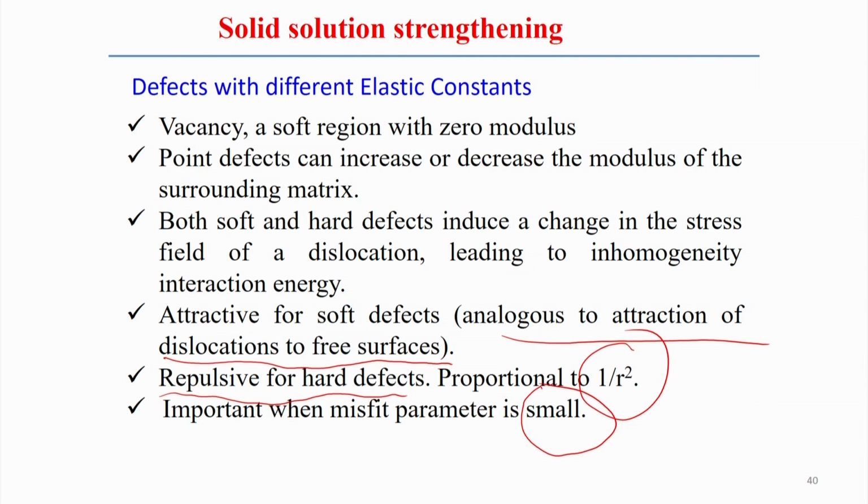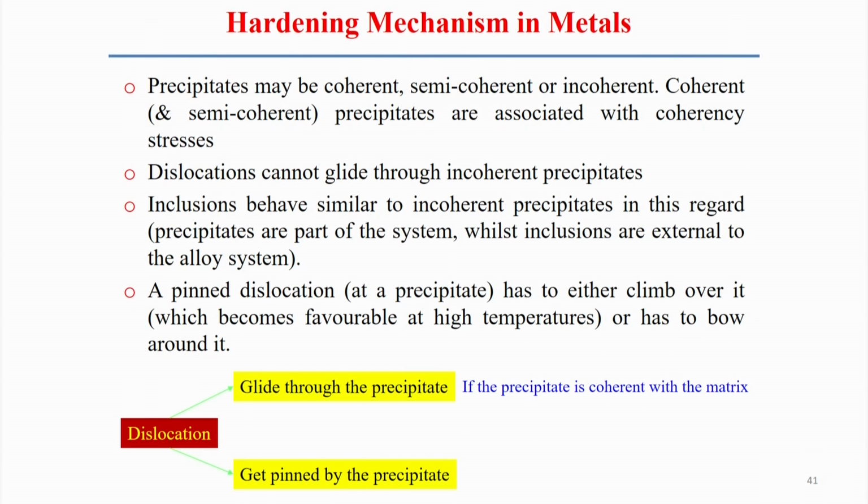Now with this, the different mechanisms of solid solution strengthening, we will shift to other types of hardening mechanisms generally observed in metals. That is the precipitation hardening. Precipitates may be coherent, semi-coherent or incoherent. These are the three probable types of precipitates we can find.